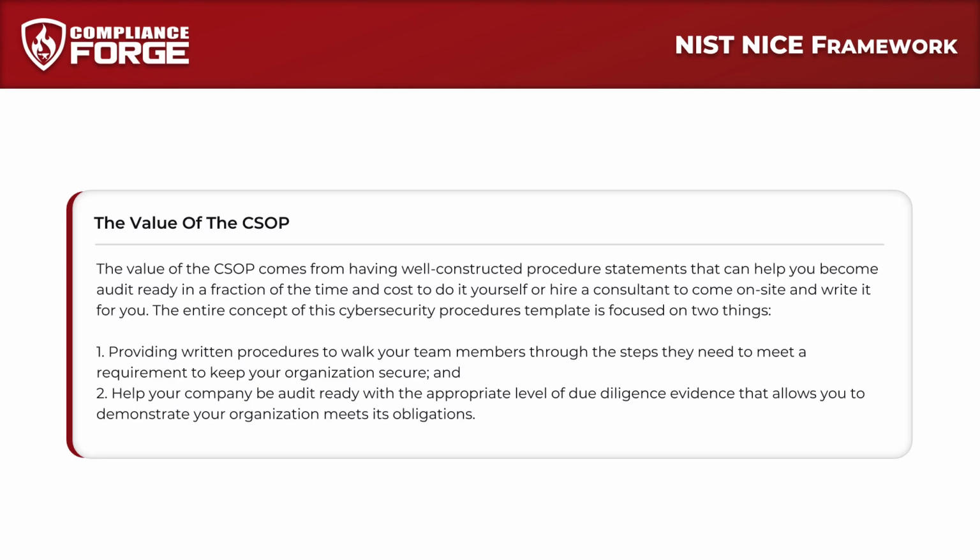The value of the CSOP comes from having well-constructed procedure statements that can help you become audit-ready in a fraction of the time and cost to do it yourself, or to hire a consultant to come on site and write it for you. The entire concept is focused on two things: providing written procedures to walk your team members through the steps they need to meet a requirement to keep your organization secure, and helping your company be audit-ready with the appropriate level of due diligence evidence that allows you to demonstrate your organization meets its obligations.